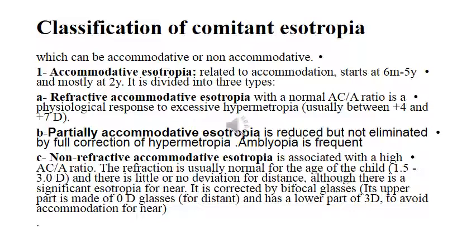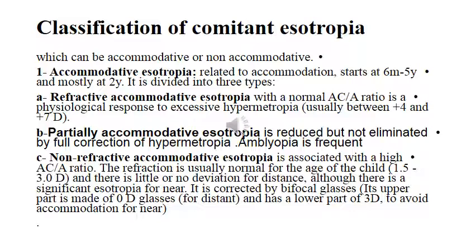This means there is an accommodative element related to this abnormality in ACA ratio, while in the above two types there is a normal ACA ratio, and the excess convergence is related to hypermetropia. Here in the non-refractive type, there is no refractive error, but abnormality in the ACA ratio.